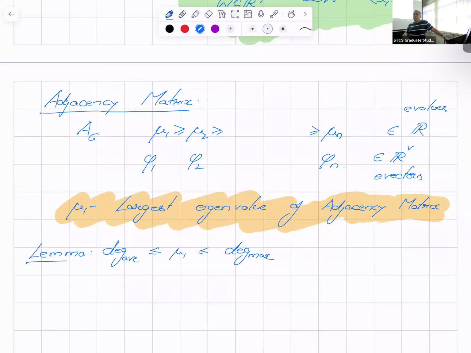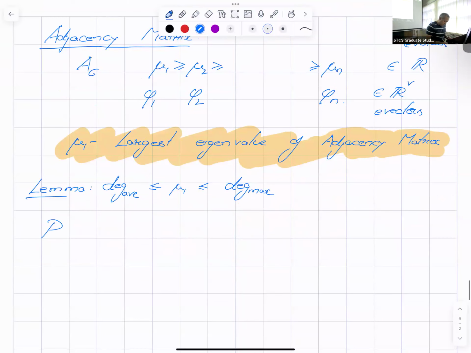In particular, if the graph is regular, we get that mu_1 will be equal to the degree. Let's have just 2 more minutes. Let's see a quick proof of this using the Courant-Fisher characterization, and we will stop.